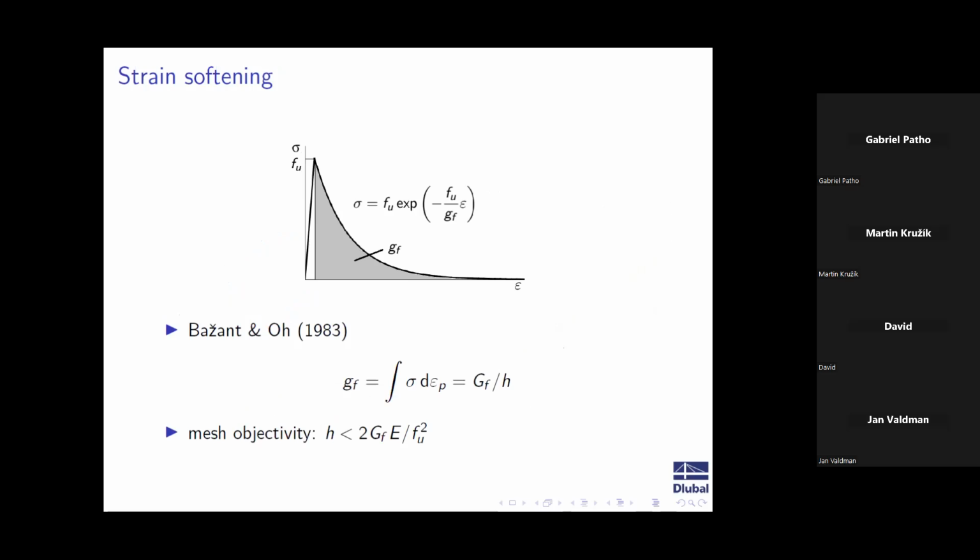Although for masonry fracture in tension or masonry crushing in compression, we need strain softening. This is related to the following picture.